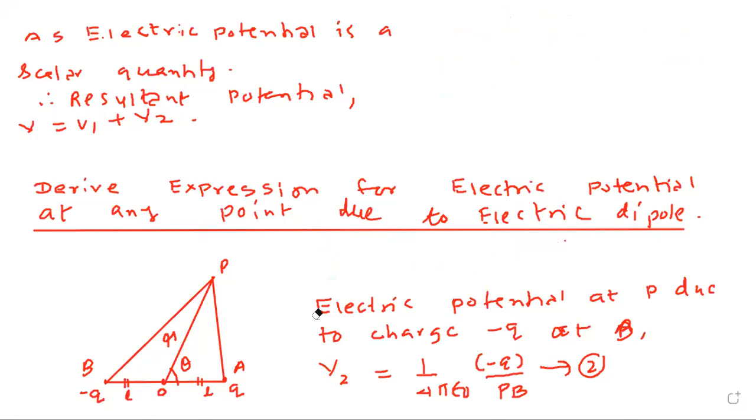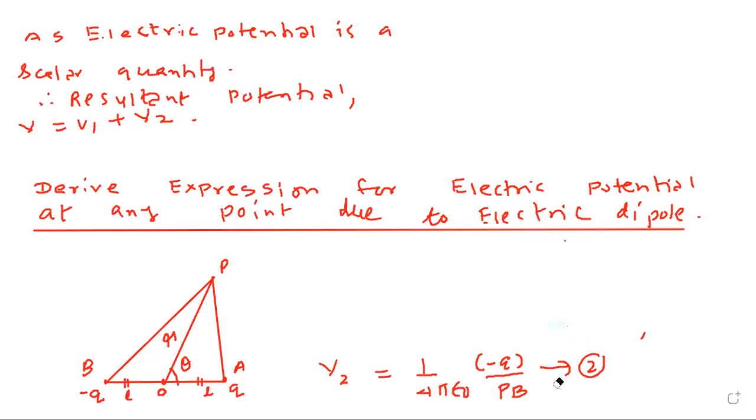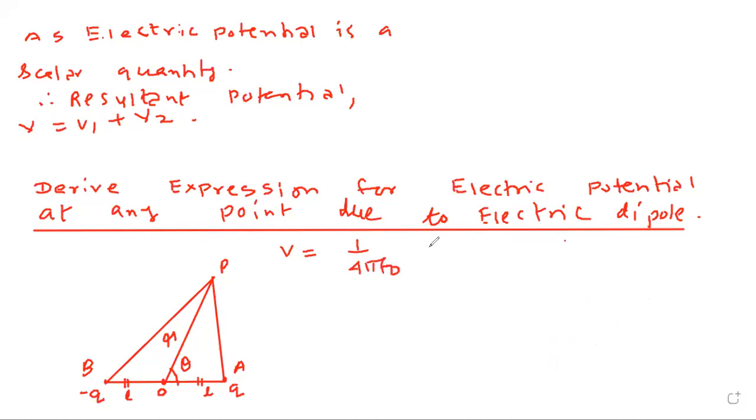So V is V1 plus V2. I'm just substituting the values. V equals 1 upon 4 pi epsilon naught Q upon AP plus 1 upon 4 pi epsilon naught minus Q upon PB.